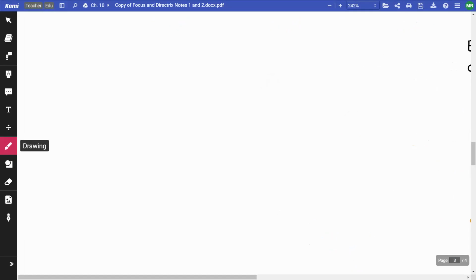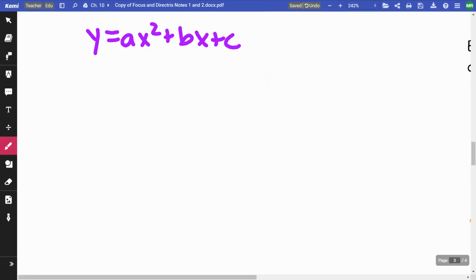If I have y equals ax squared plus bx plus c, which is in standard form, not the nice vertex form, and I have to find my vertex, I could complete the square, or I could find my x-intercepts and average them. I could do either one. What I'm going to do is find my x-intercepts and average them.